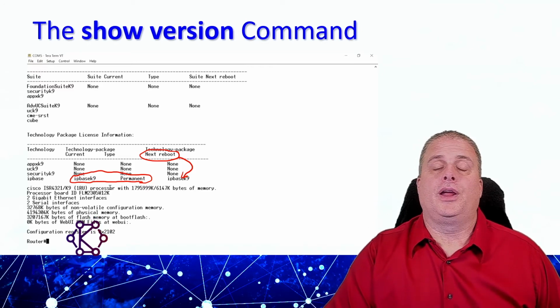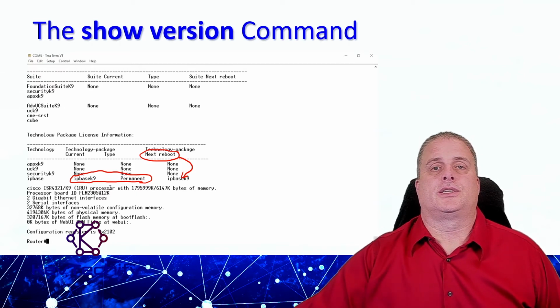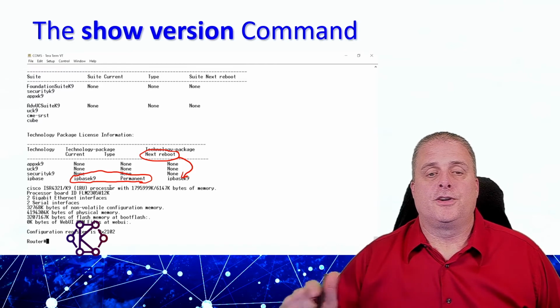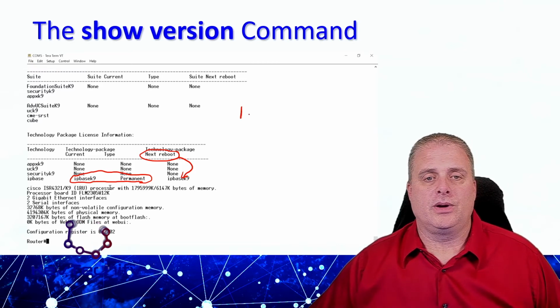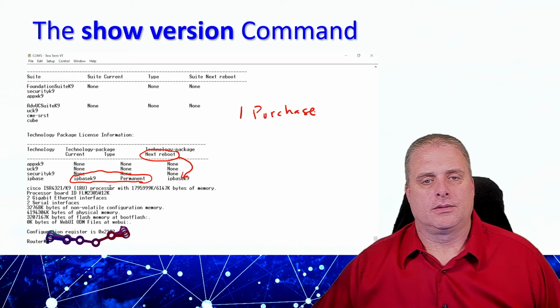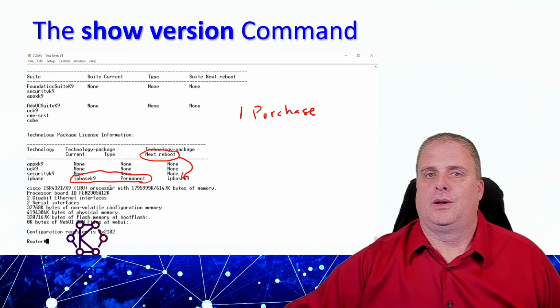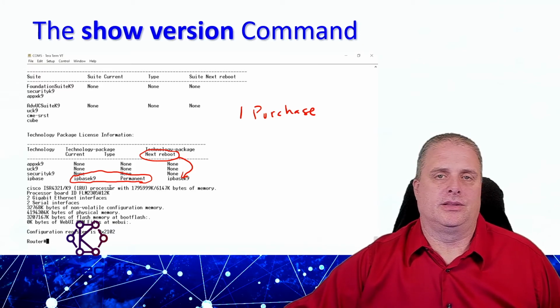If we wanted to upgrade our iOS or install new features, it is a 3-step process. First, purchase the software, package, or feature, and obtain a product activation key, known as a PAK in the Cisco world.